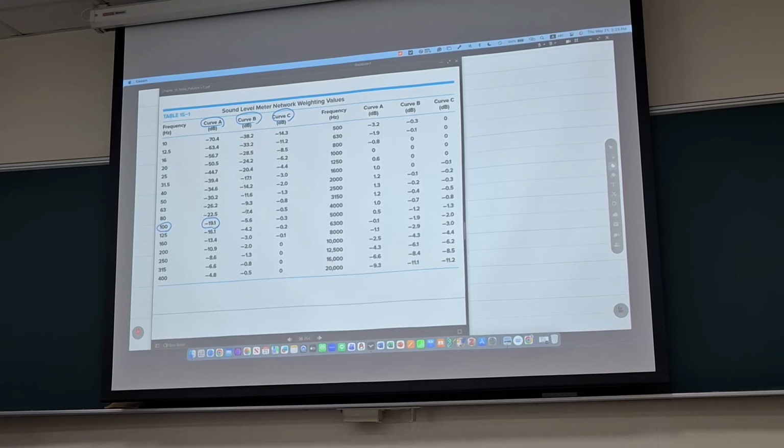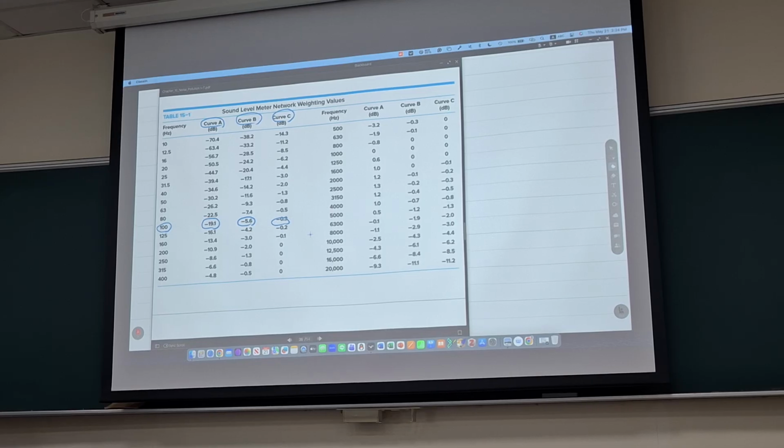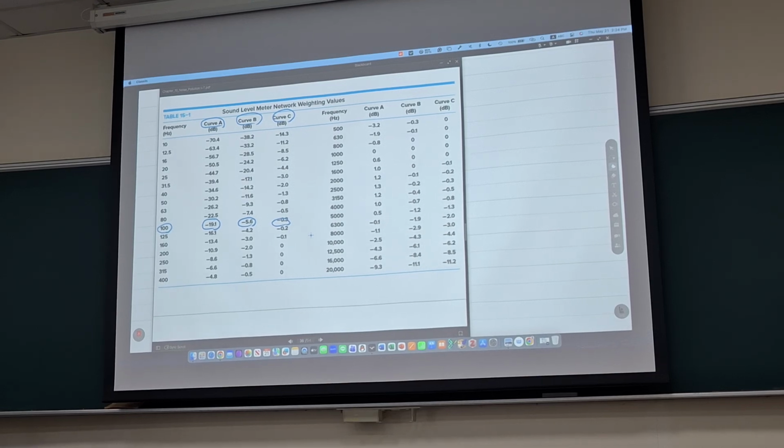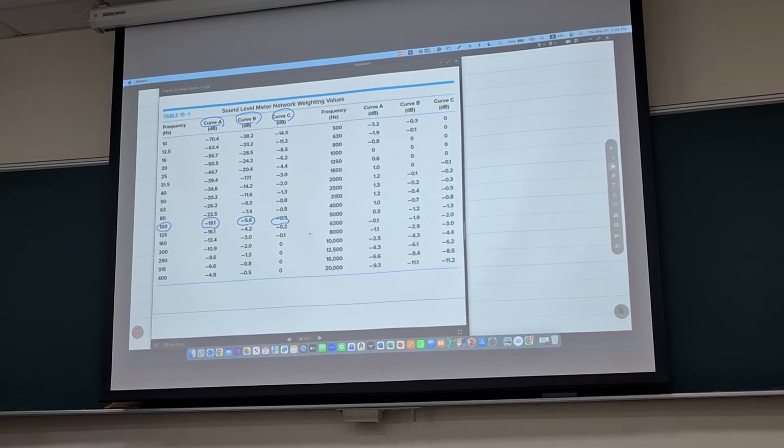And B reduces 5.6, and C reduces a little bit, 0.3. It almost does not reduce it, right?